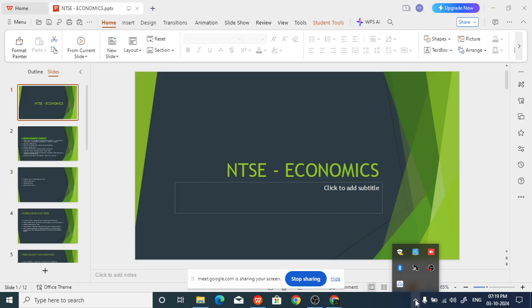Our GDP is 4 trillion. 1 trillion is equal to how much? 1 lakh crore, not something else. 1 million is 10 lakhs, 1 billion is 100 crore, and 1 trillion is equal to 1 lakh crore dollars.